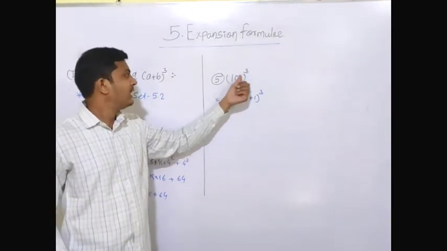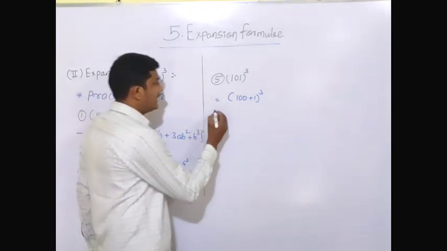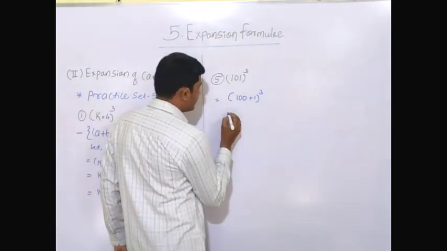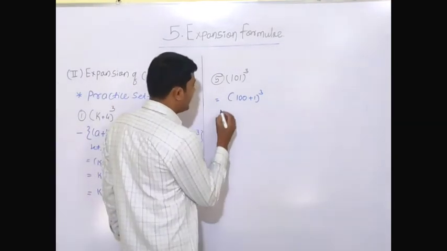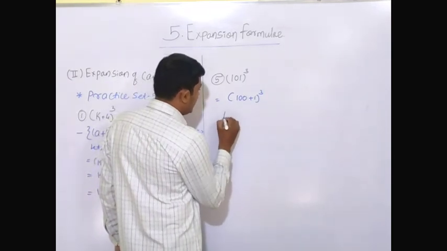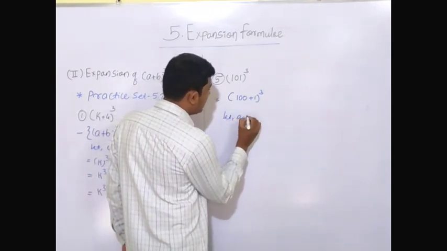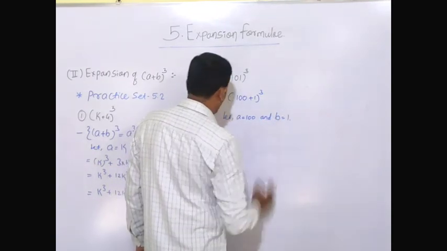So 101 cube can be given as (100 + 1) whole cube. Again here the same formula we have to use. Consider a equal to 100 and b equal to 1.